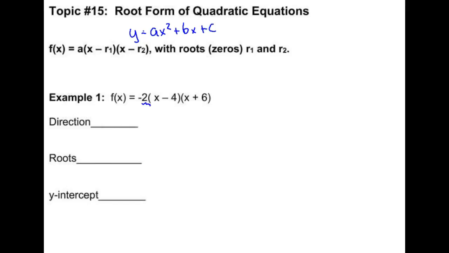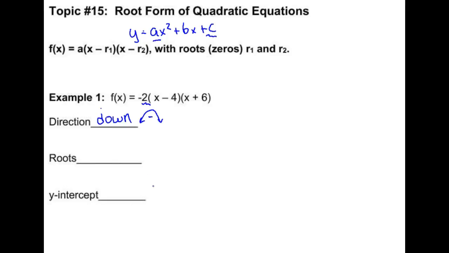Like in the previous equation, a told us the direction. If a was positive, it pointed up. If a was negative, it pointed down. So since this is negative 2, the parabola is going to point down.